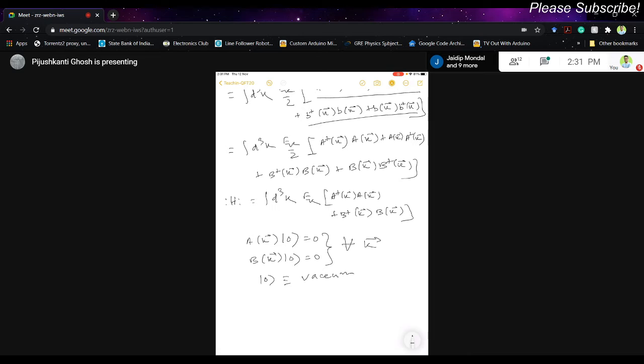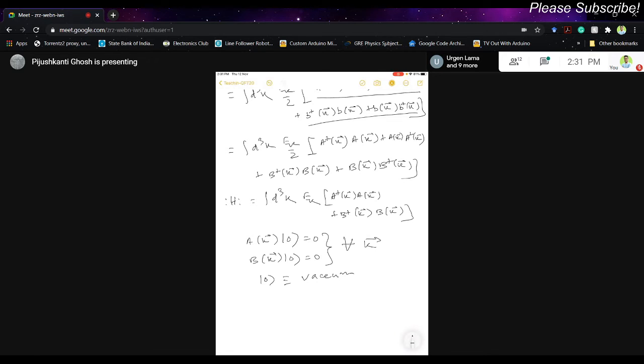As I said, A is the annihilation operator for the particle and B is the annihilation operator of the antiparticle. So both should hold. Otherwise, if the first condition is valid but the second is not, then it might be an antiparticle.